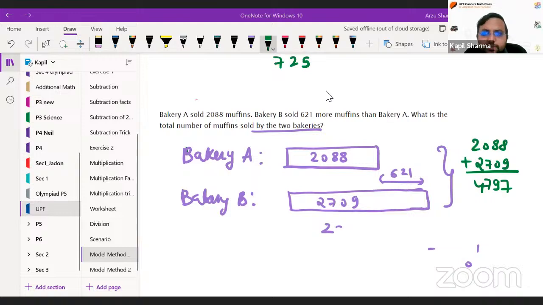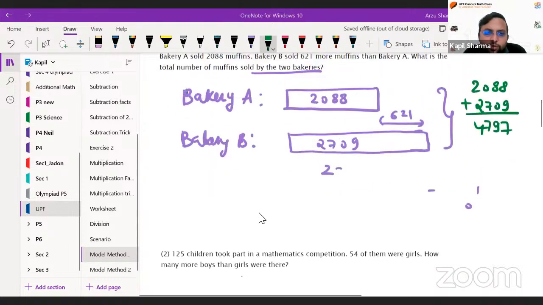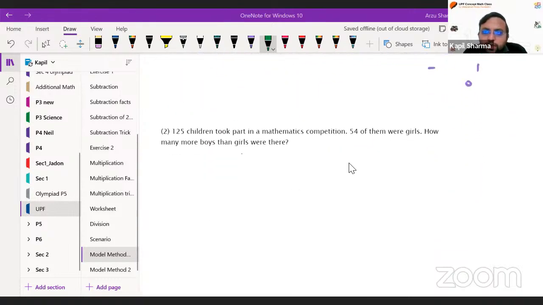Swastik, is this clear? Okay, fine. So now let's solve another one.